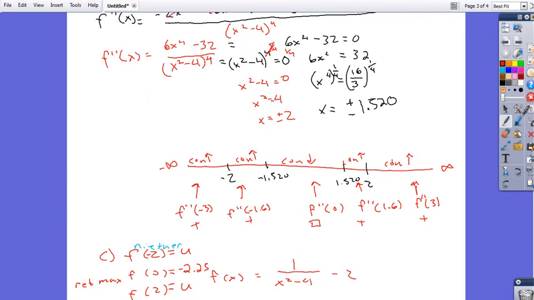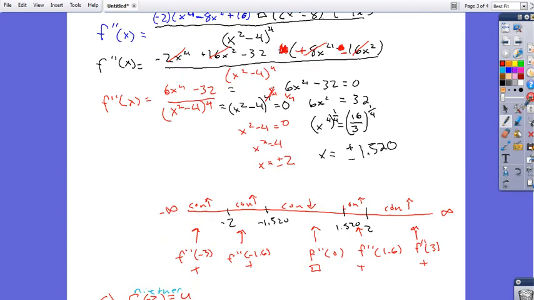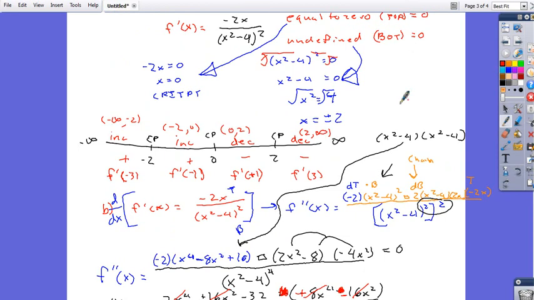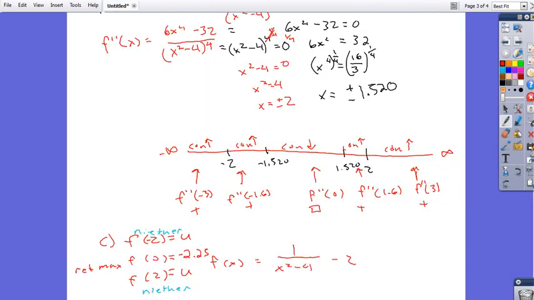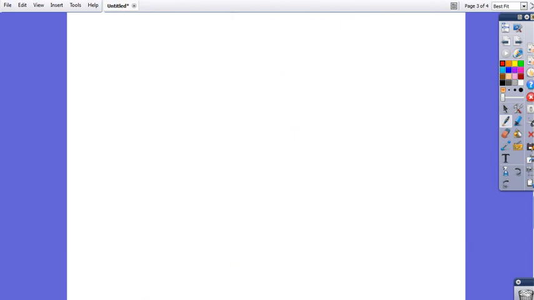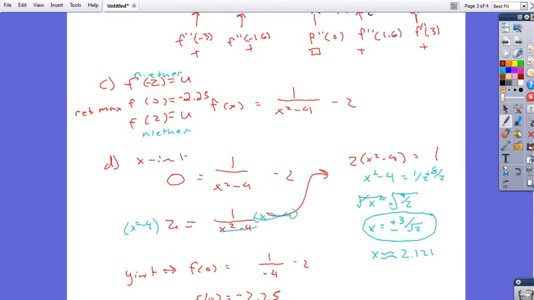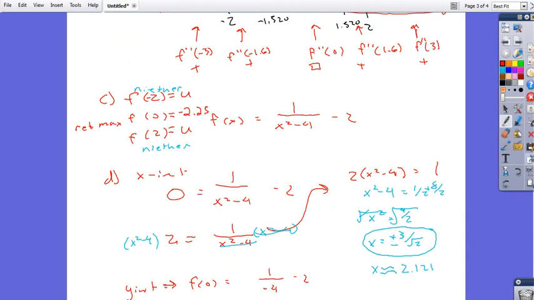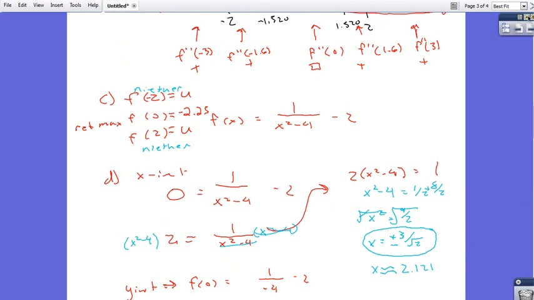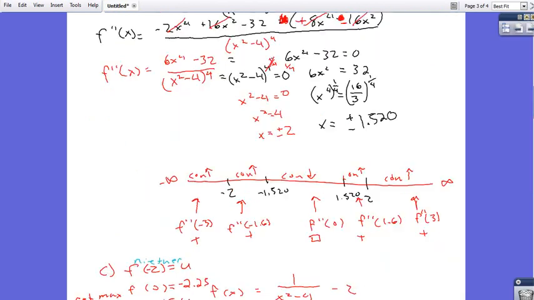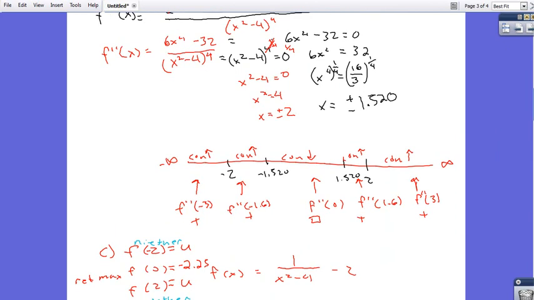Let's start with our first derivative critical points: negative 2, 0, 2. Second derivative: negative 2, negative 1.52, and positive 1.52, and 2.